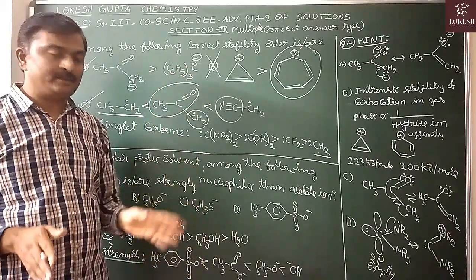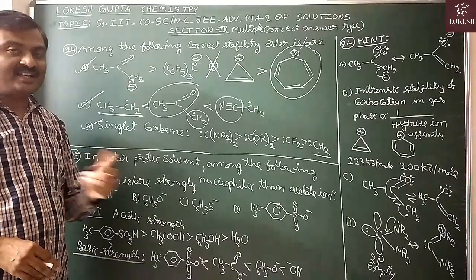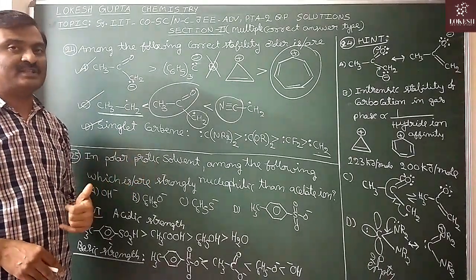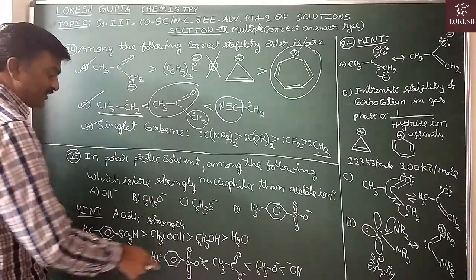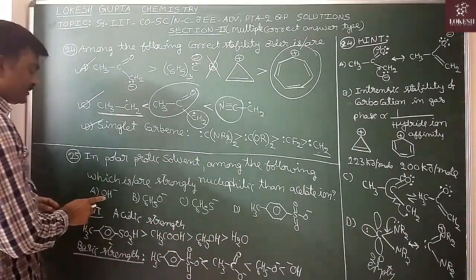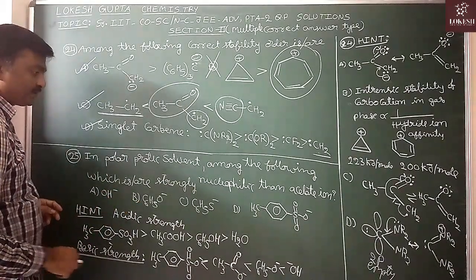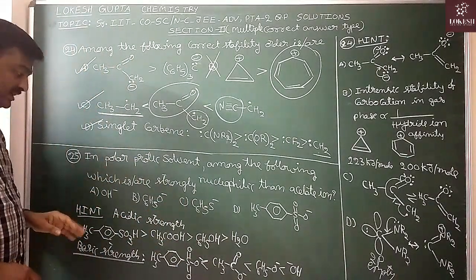But when the donor atom is the same, then nucleophilicity and basic strength both will match with each other. Now see, acetate ion is from acetic acid, OH minus is from water, phenoxide is from phenol, this is from paramethyl benzene sulfonic acid.